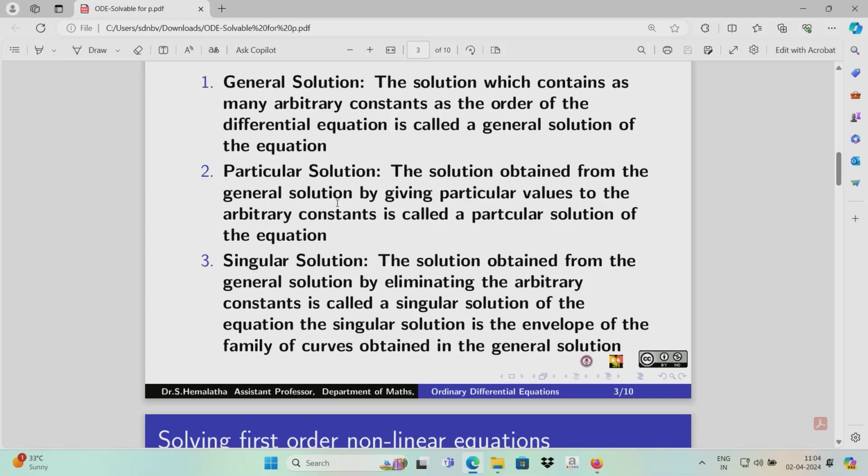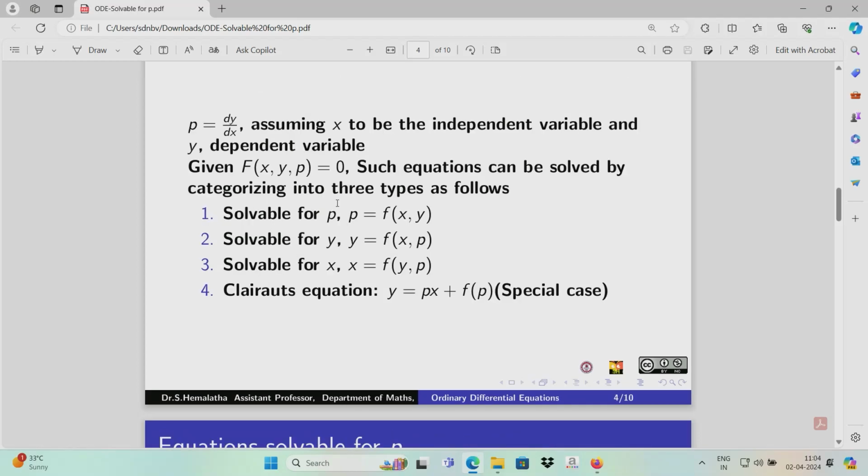In this content we are going to discuss the general solution of one particular type of ordinary differential equation. Here we have three terms: x is the independent variable, y is the dependent variable, whereas p is the differential term.